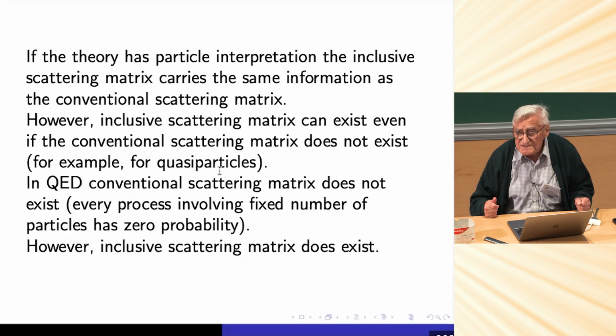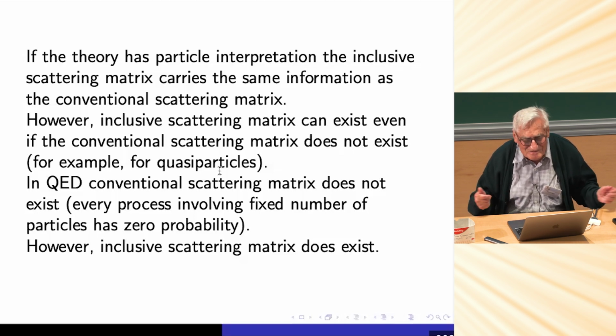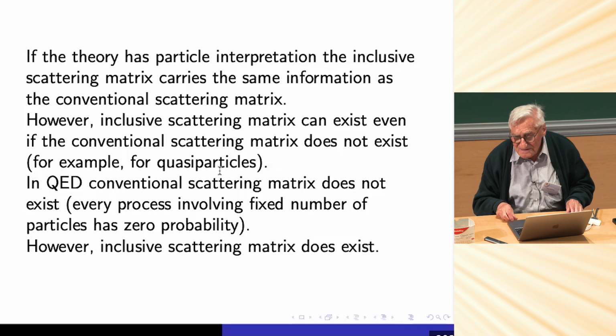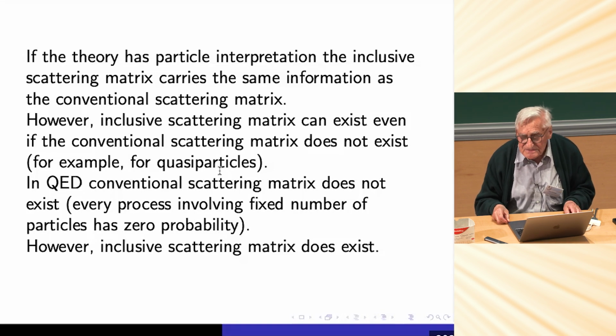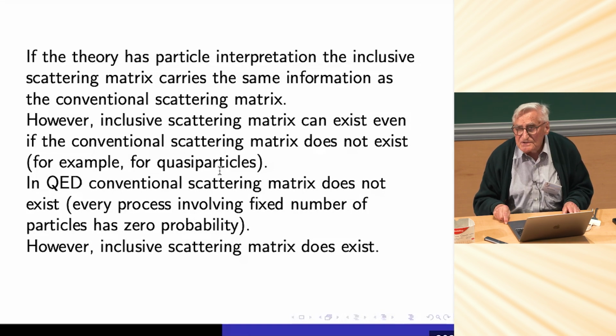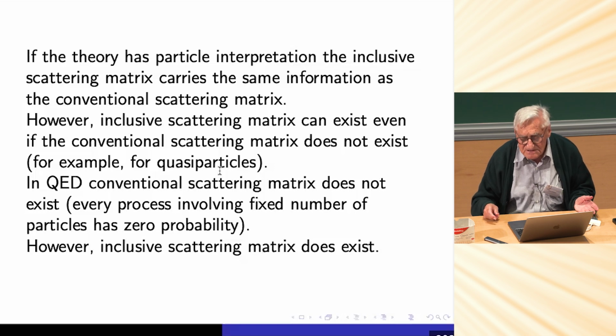But nobody knows that this is true in relativistic quantum mechanics, and nobody knows, for example, that dark matter really consists of particles. Nobody even knows what dark matter is at all. So it is possible that in these cases, the inclusive scattering matrix is not only useful but also necessary.